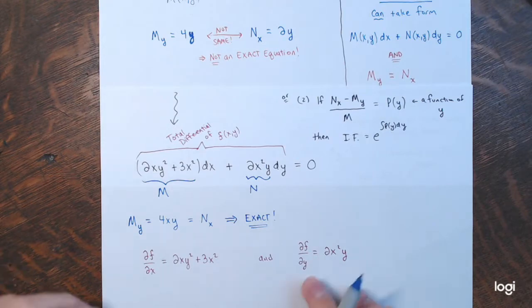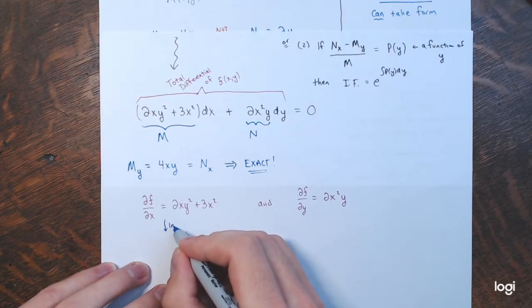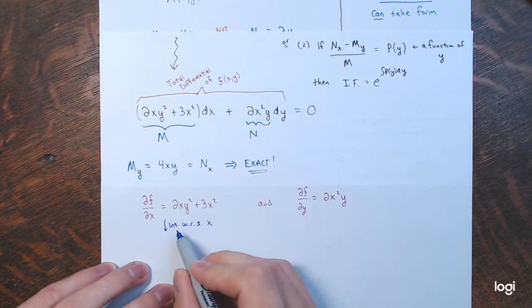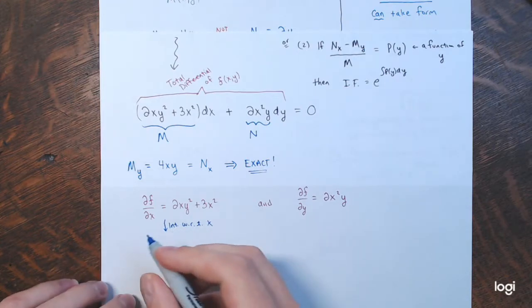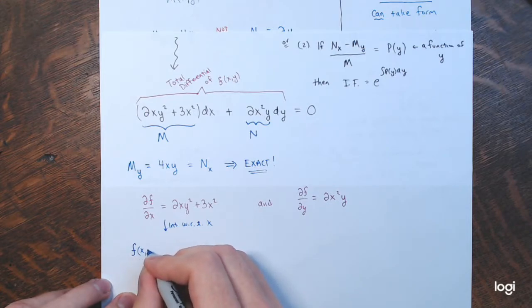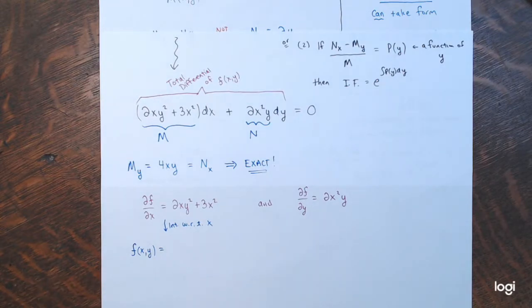So I'll start with this partial of f with respect to x. What I'm going to do here is integrate both sides with respect to x. Integrate WRT means with respect to x. That'll give me f of x,y on the left equals, and when you integrate with respect to x, we're treating y as a constant.